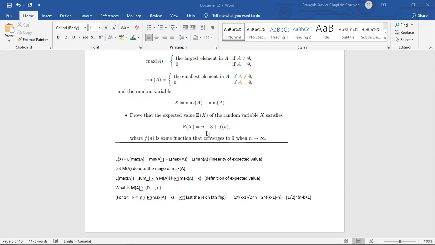So the expected value of this difference is very close to n minus 3, which is big. When you think about it, this part is negligible. The bigger you make n, this is telling you that the difference between your max and your min is only 3.